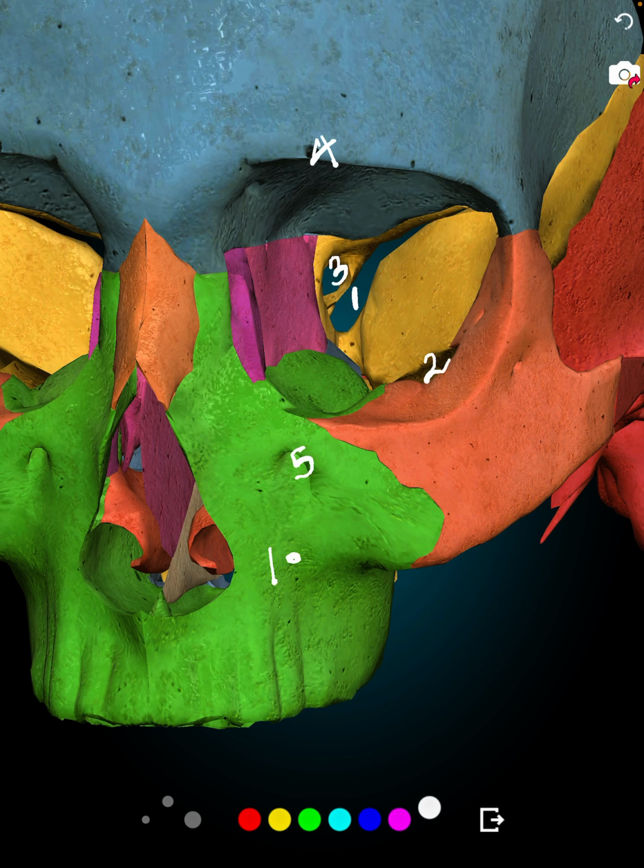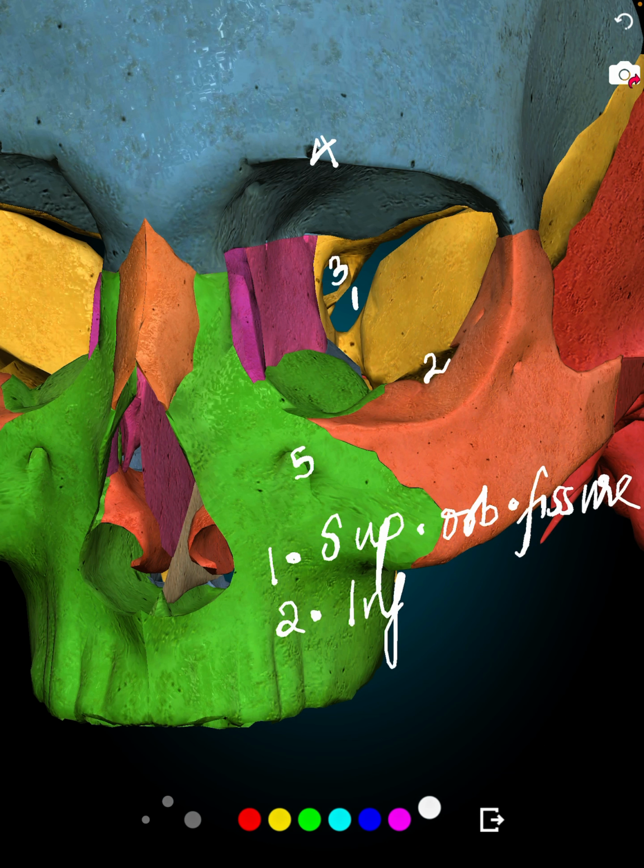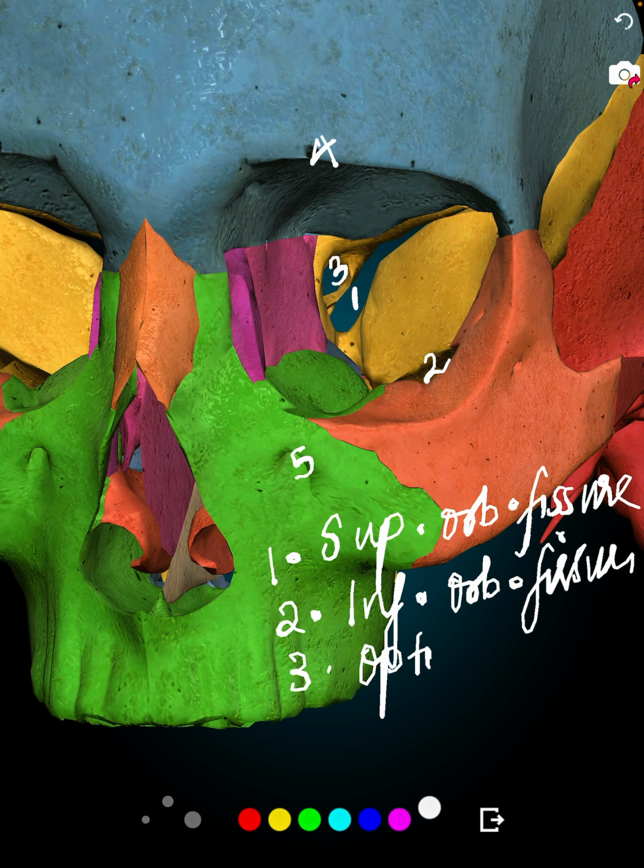Number 1 was your superior orbital fissure. Number 2 is your inferior orbital fissure. Number 3 is your optic canal.